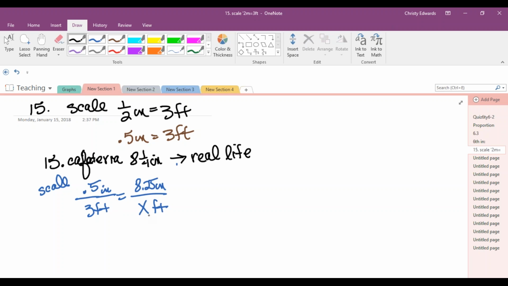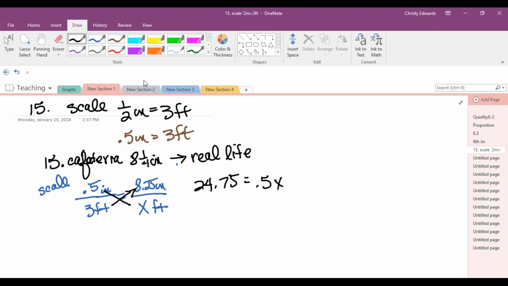How do you solve this? Yeah, I'd rather use decimals too. How do you solve this? Cross multiply across that way. 3 times 8.25, 24.75. Does that sound right? 24.75 equals 0.5 times x, right?